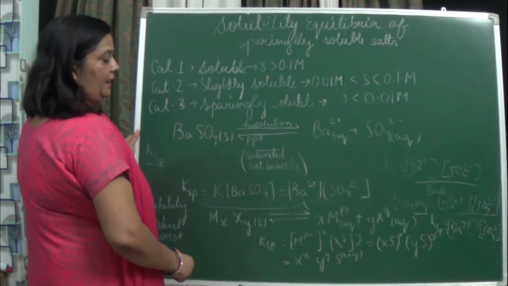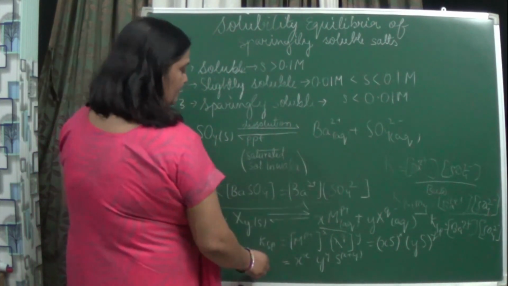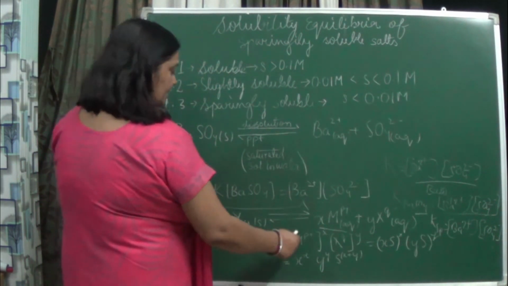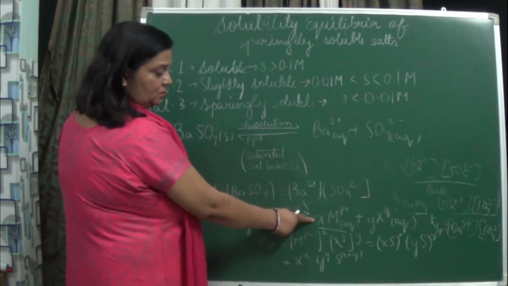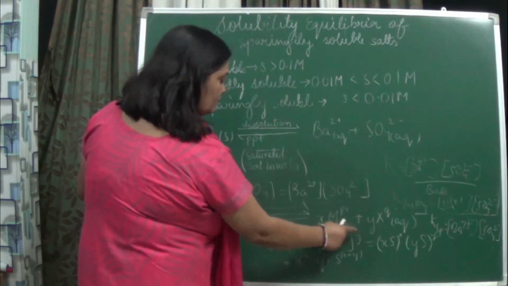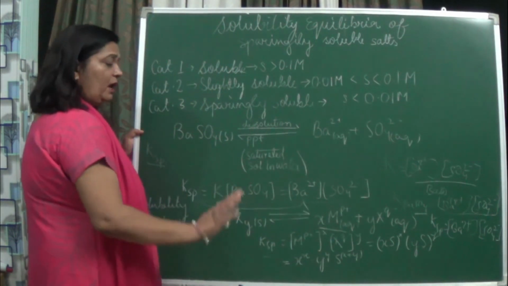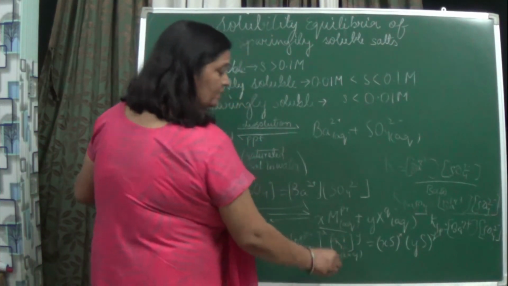So here the solubility product constant becomes [M^p+] raised to the power of the coefficient x, likewise [X^q-] to the power of the coefficient y.